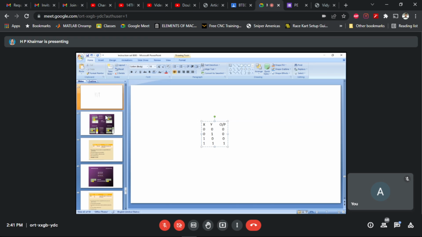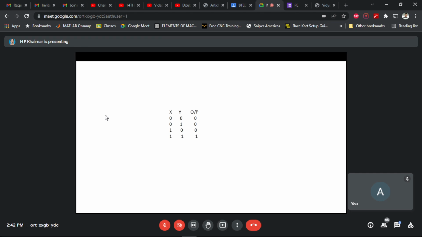So this looks something like this. This is the truth table for the AND operation. X and Y are the two inputs.